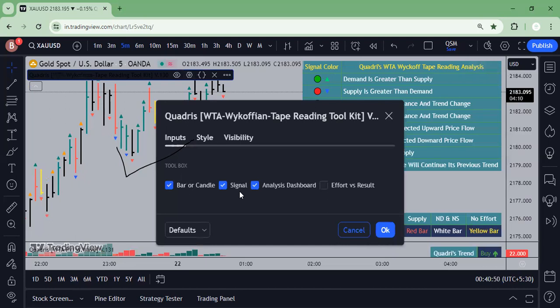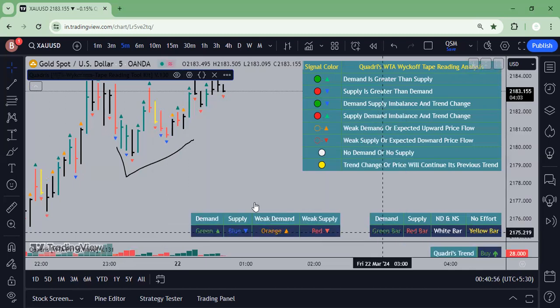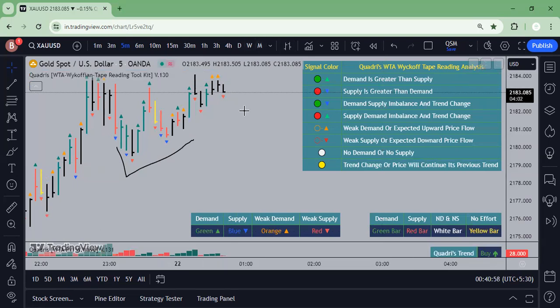There was the bar or candle signals analysis dashboard, and this one is new, effort versus result. He used to get these three tables based on which he did the analysis. I'll walk you through one by one.